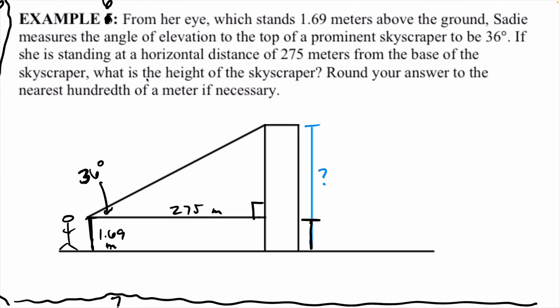I know this distance here, 1.69 meters. That's her height, which is part of the height of the building. So I got to find the blue and add it to 1.69. The blue also matches this guy right here. Those blues are the same height. So it's part of the triangle.